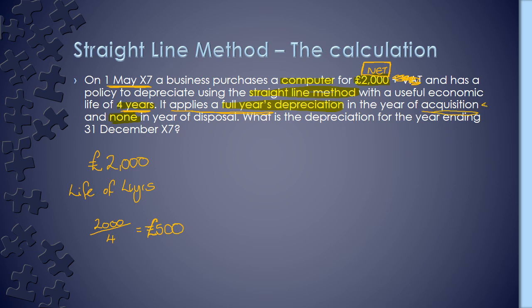Okay, and this just means purchase. So the answer to our question then is it's just going to be this year of depreciation. So it is just going to be £500. So at the moment, I'll do the T account shortly, but at the moment we'll just leave it as the calculation of how you would calculate that depreciation.